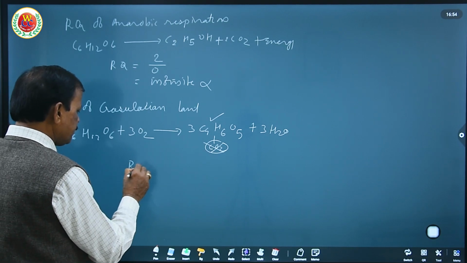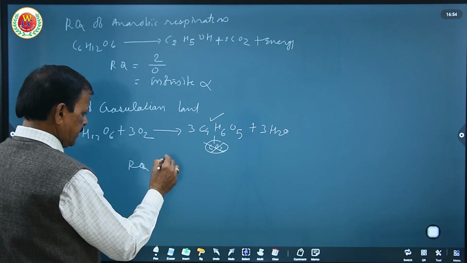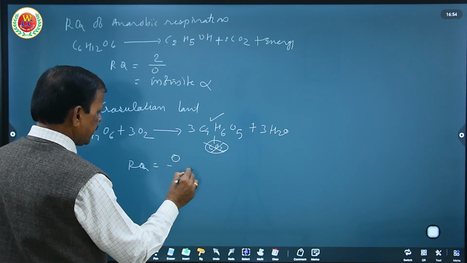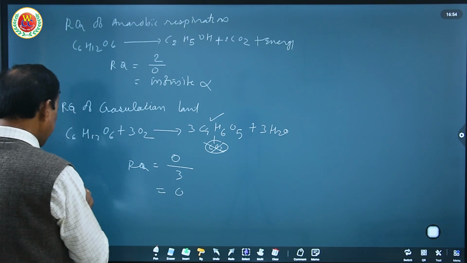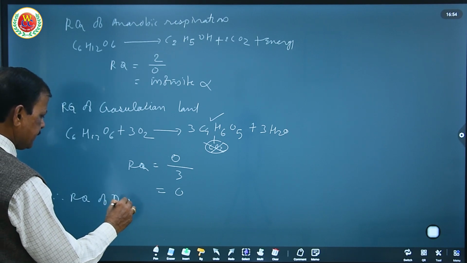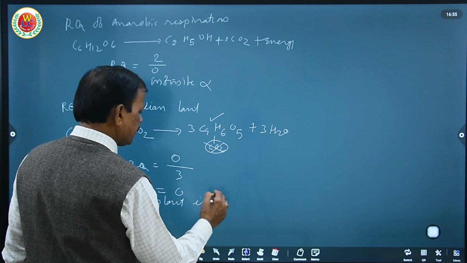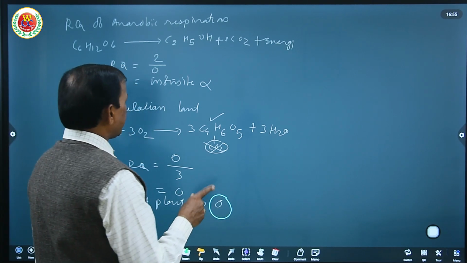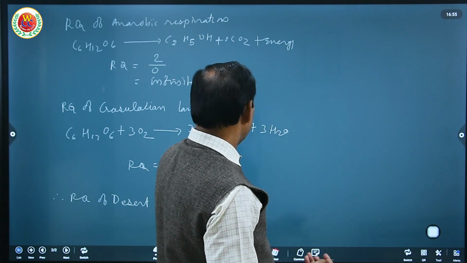Therefore RQ is carbon dioxide released over oxygen used. Carbon dioxide released is 0 and oxygen is 3, therefore it becomes 0. So the RQ of a desert plant is 0. The RQ of an anaerobically respiring organism is infinite.